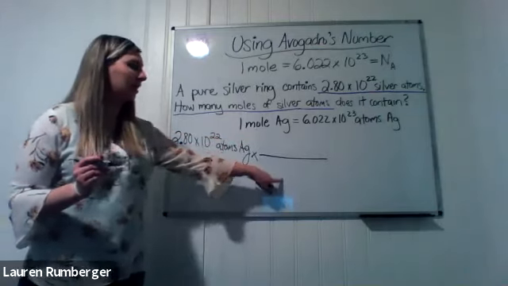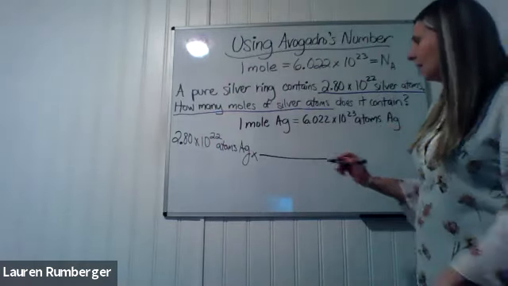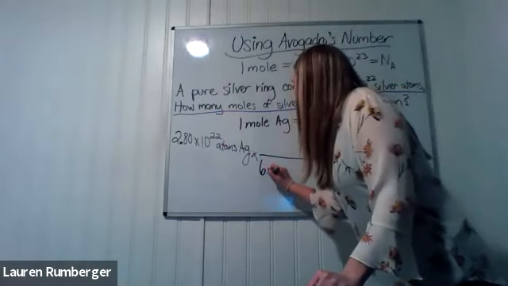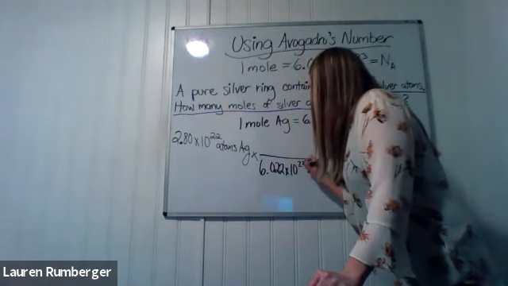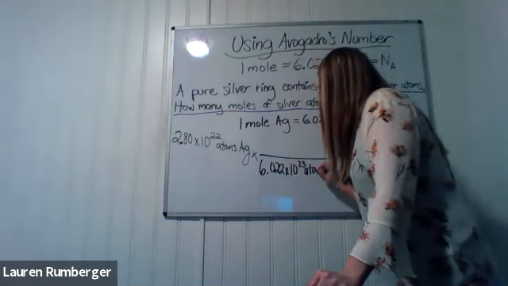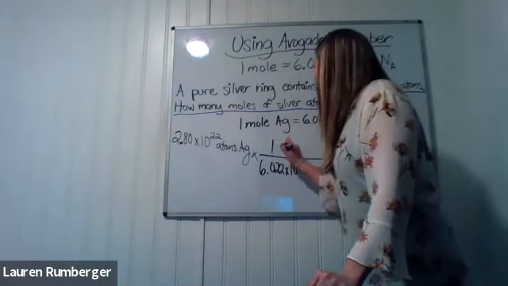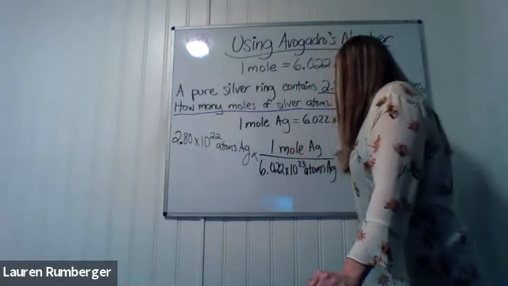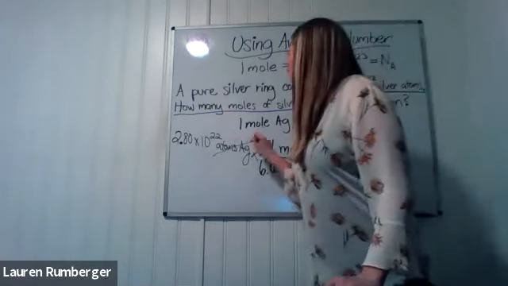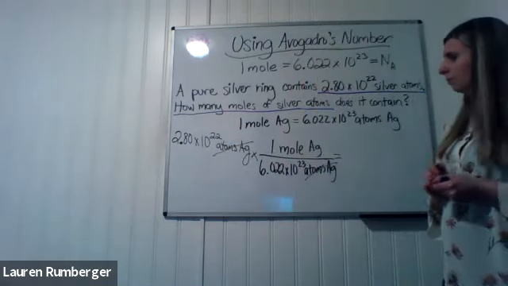So in this case now we need to put Avogadro's number in the denominator. 6.022 times 10 to the 23rd atoms of silver is equivalent to 1 mole of silver. Cancel units of atoms and it converts us to moles.